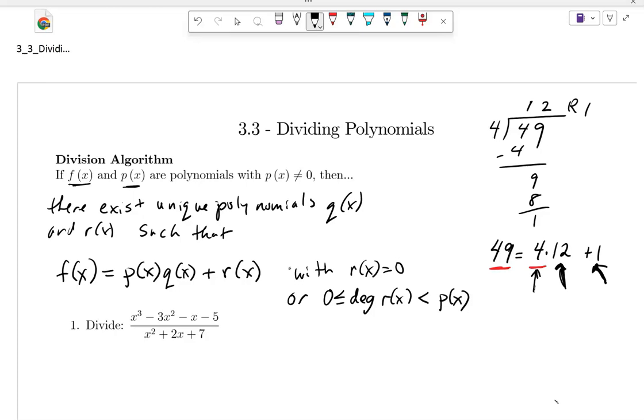That's just the polynomial analog to your remainder has to be less than what you're dividing by. The less than part is just looking at the degree.